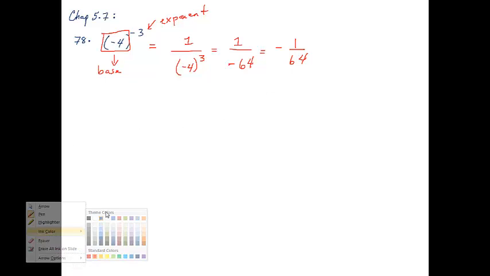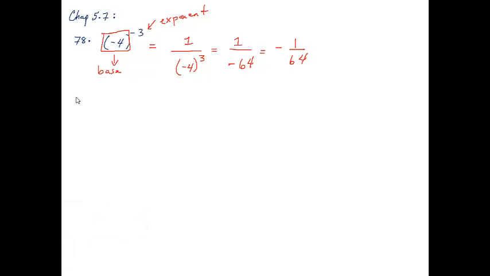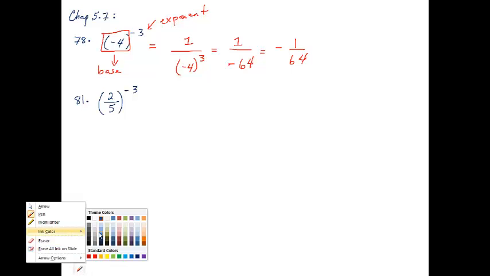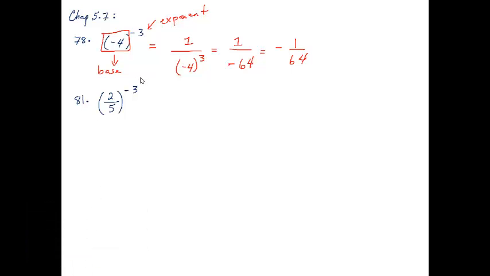Let's try another one. Let's look at number 81. And it says 2 over 5 raised to the negative 3. Okay? So again, the first thing I'm going to do, since I have a quotient and it's being raised to a power, the rule is you take each piece of your quotient and you raise it to that power.